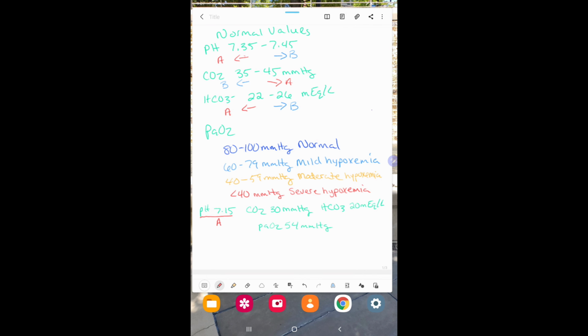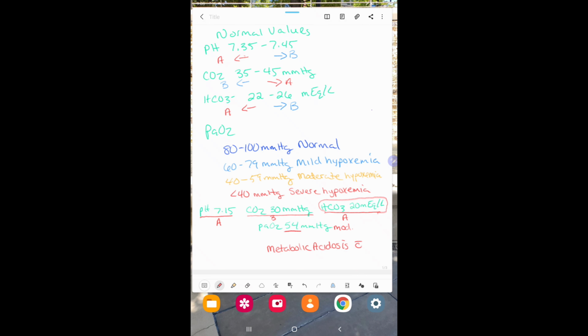And it's metabolic acidosis. And we're going to do the oxygen in just a minute. But first we're going to interpret the first part first, which is your pH and everything. So now we know it's a metabolic acidosis.